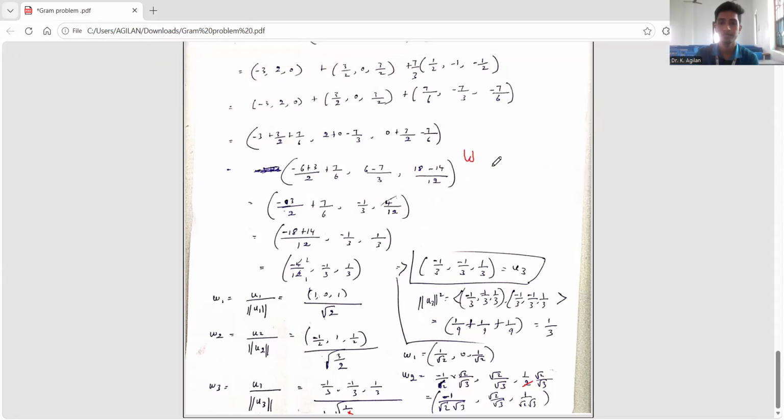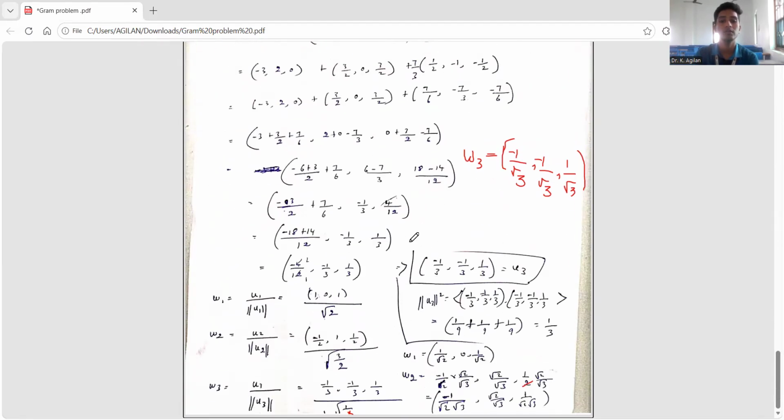W3 equal to minus 1 by root 3, minus 1 by root 3, 1 by root 3. Okay, done.